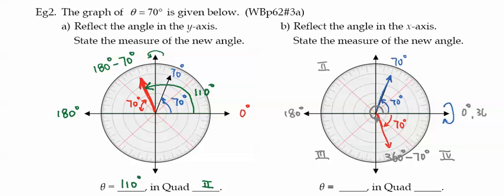And you are going to compare your terminal arm with 360 degrees using your reference angle here. So 360 minus 70 degrees, that will give us 290 degrees. And this angle happens in quadrant number 4, which makes sense because any angle in quadrant number 4 will go between 270 to 360.